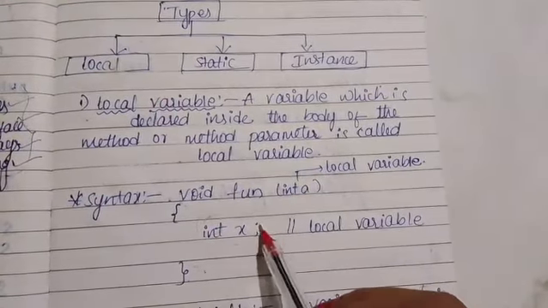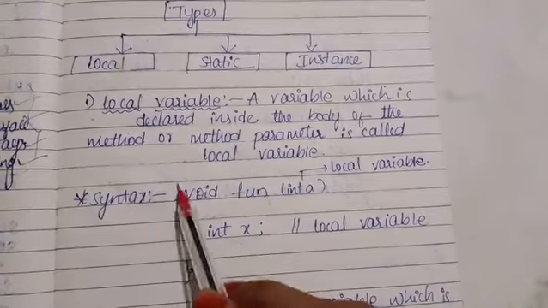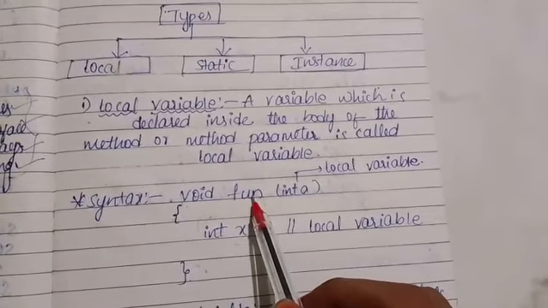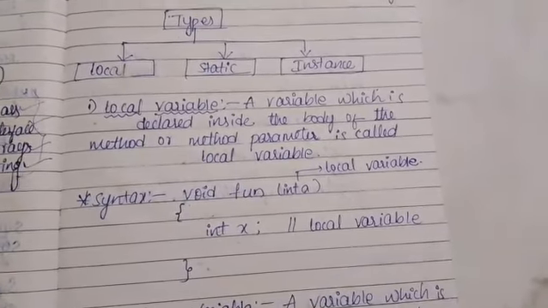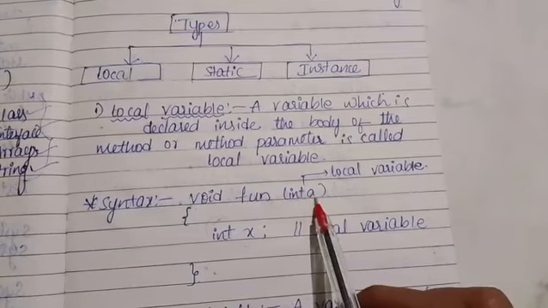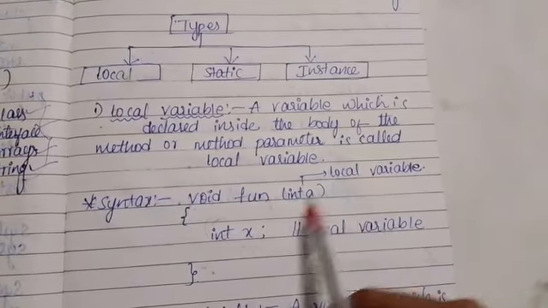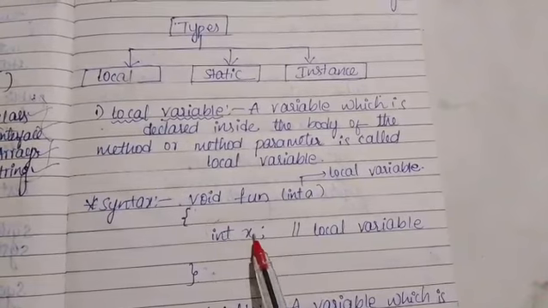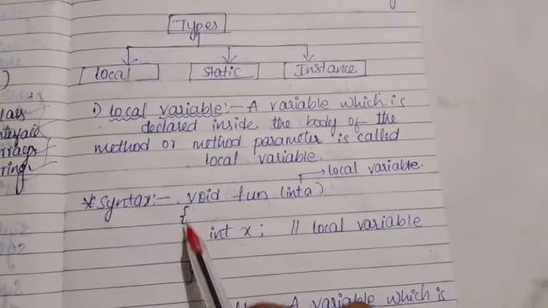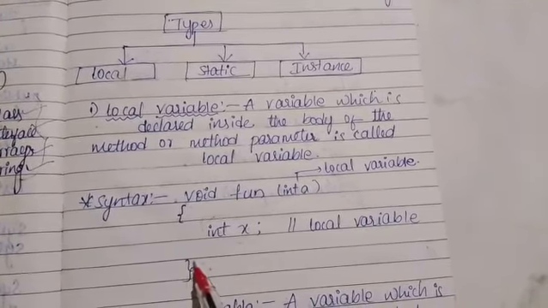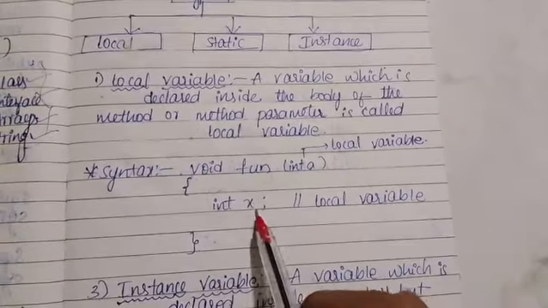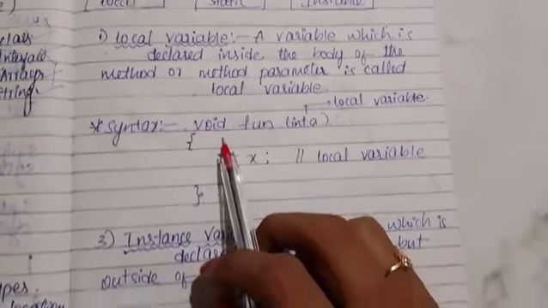That's why it is a local variable. Syntax is void function, int a. This is the local variable, the int a which is declared inside the main method. This is the syntax of the local variable.